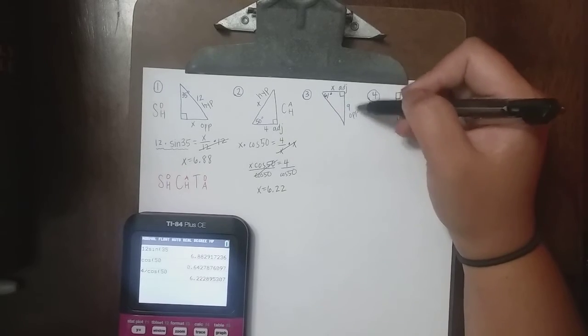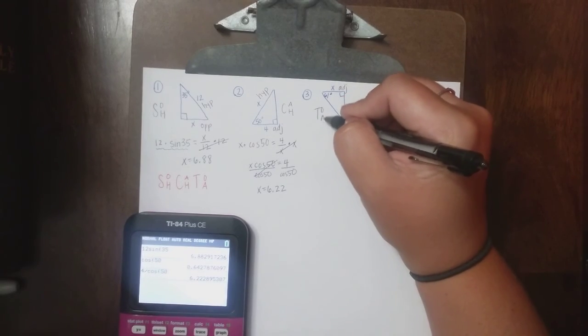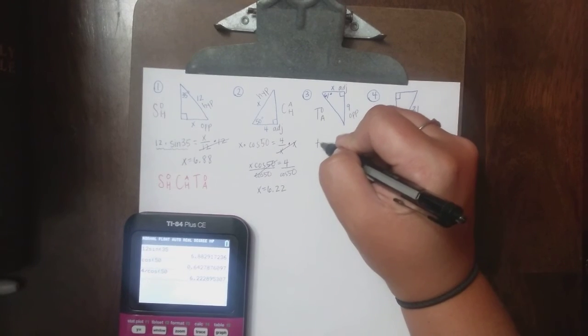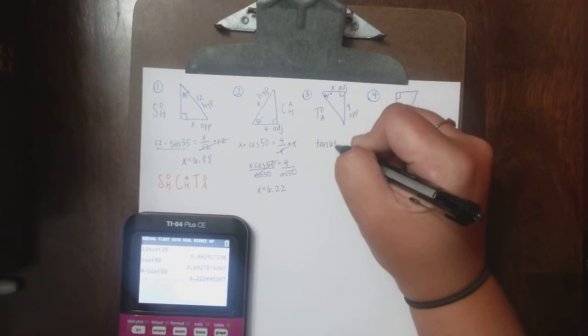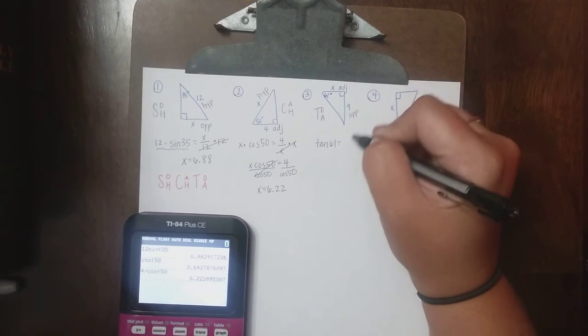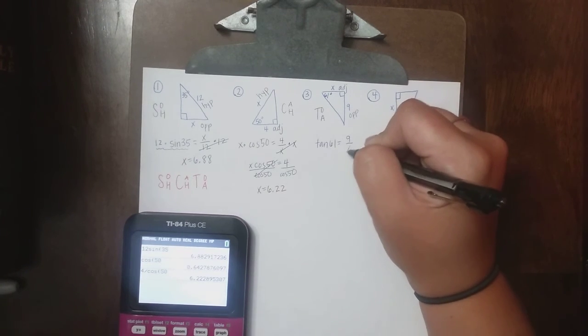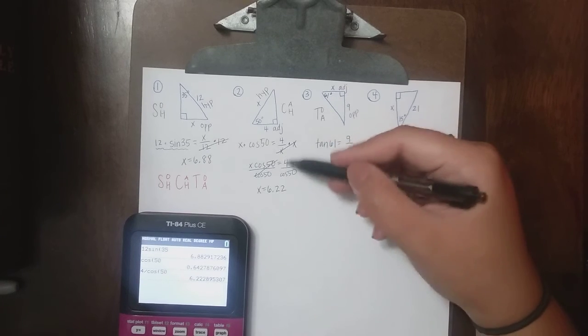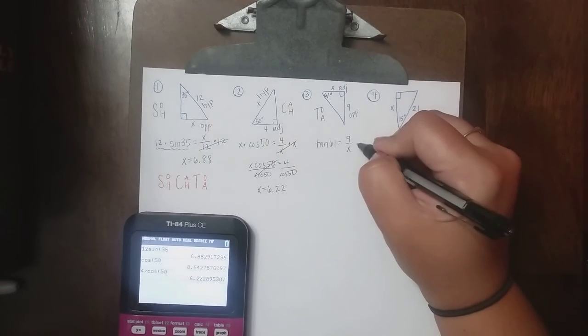So now I'm working with adjacent and opposite. So that one's going to be TOA, and I'm working with tangent. So we're going to say tan of the angle 61 equals opposite 9 over adjacent x. And this one looks like number 2 we just did, right, where my x is on the bottom.